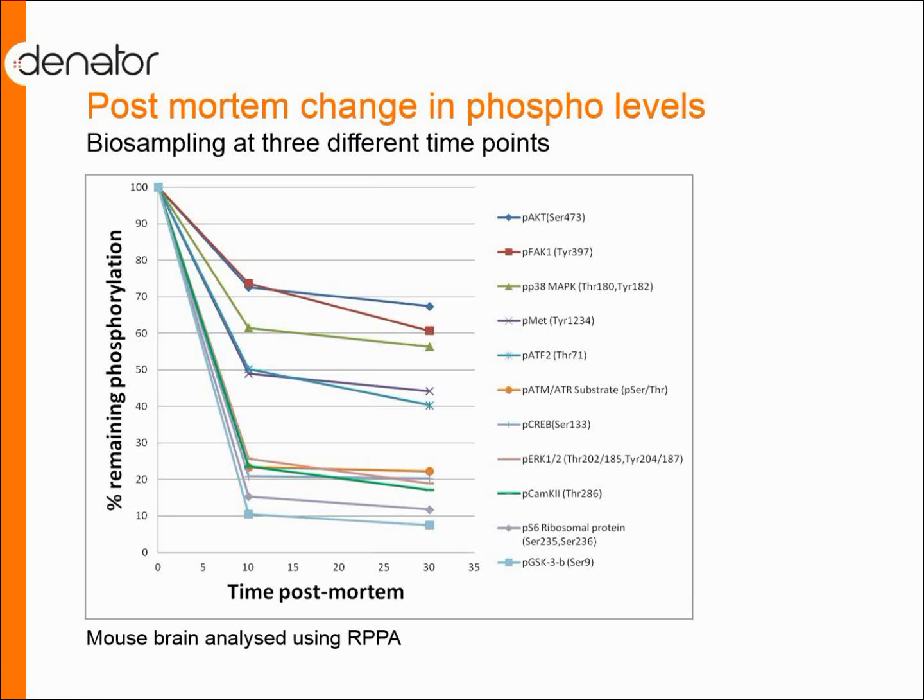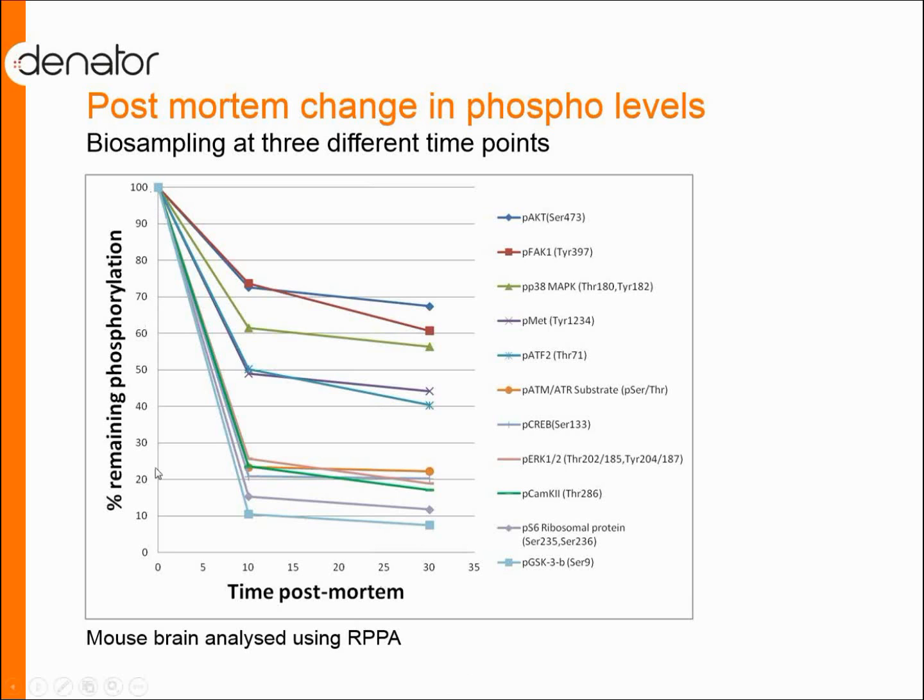Protein phosphorylation is another molecule that will rapidly change post-sampling. In this case, we're again looking at mouse brain, using a technique called reverse phase protein array. It's kind of a modernized way of dot plots.